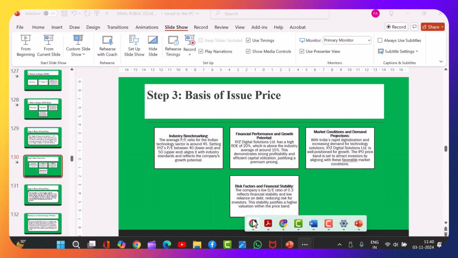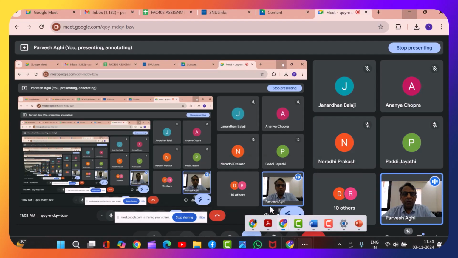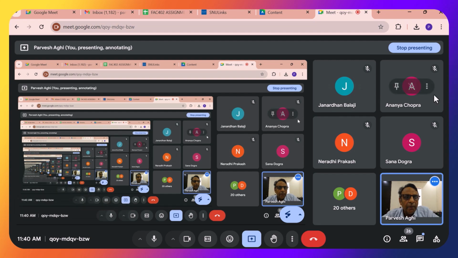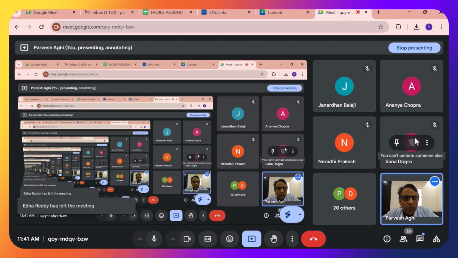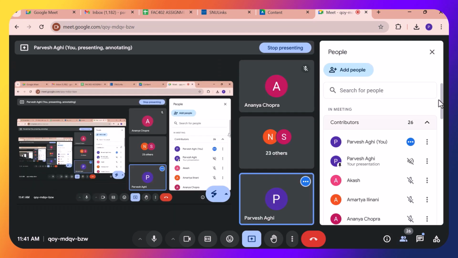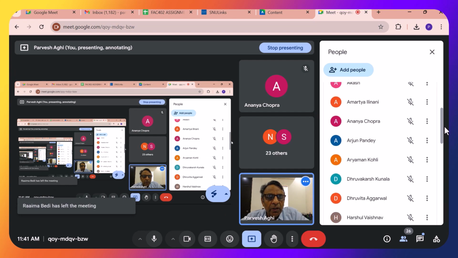There were a lot of students here, and I'm finding that they are not responding. Let me look at who is there. Nirti is there. Janardhan, are you there? Ananya, are you there? Yes, sir. Sana, are you there? Arjun, you are there? Yes, sir.